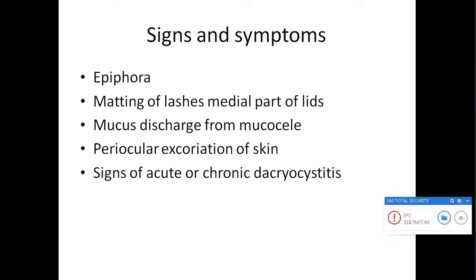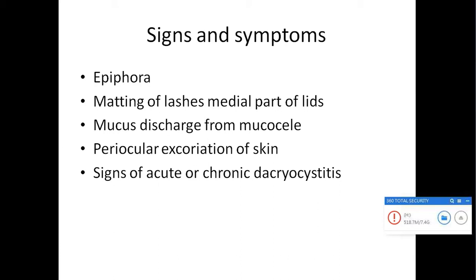Whenever something which is to be drained gets obstructed, the local bacteria, the commensals, the naturally present bacteria in the conjunctival sac, will become potential pathogens. You might have read in microbiology, every orifice in the body will have natural flora, and this natural flora will become a potential pathogen if there is obstruction or the immunity of the patient is low.